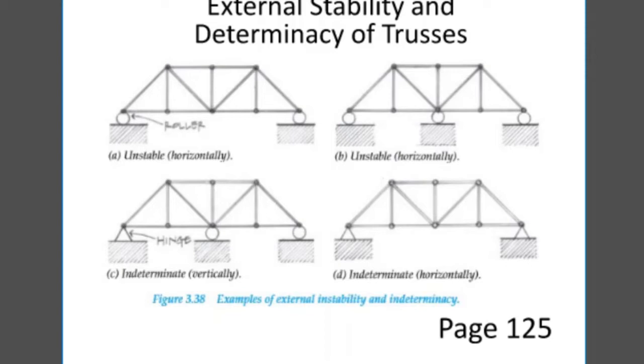Image B shows us an unstable truss where we have 3 roller supports. Image C shows us an indeterminate truss where we have 1 pin support and 2 roller supports. And image D shows us an indeterminate truss where we have 2 fixed supports.